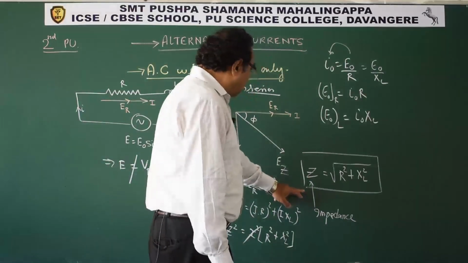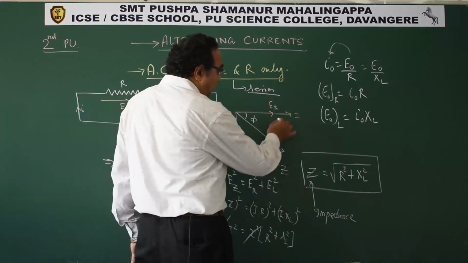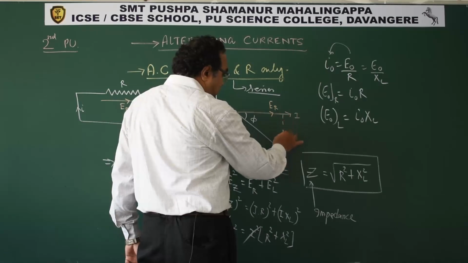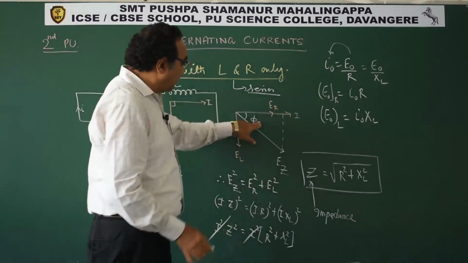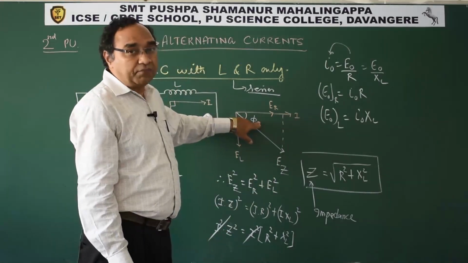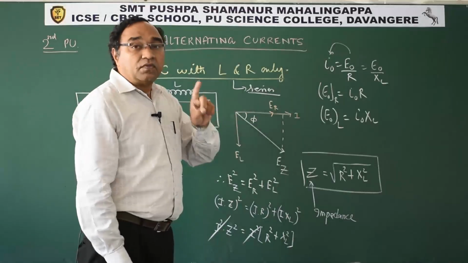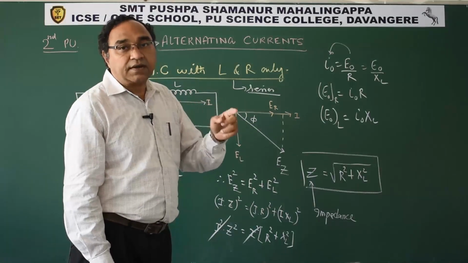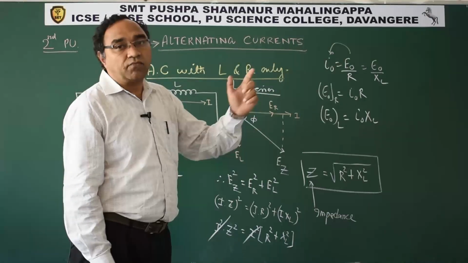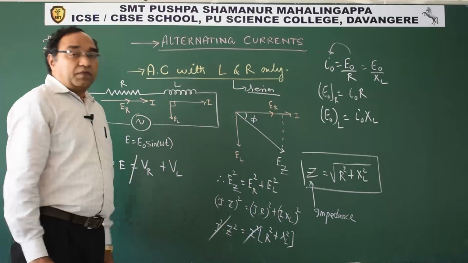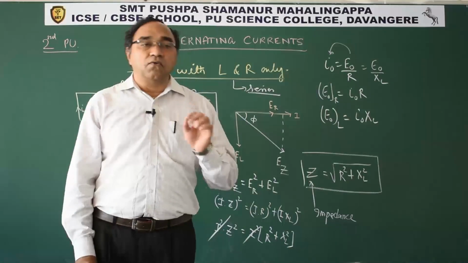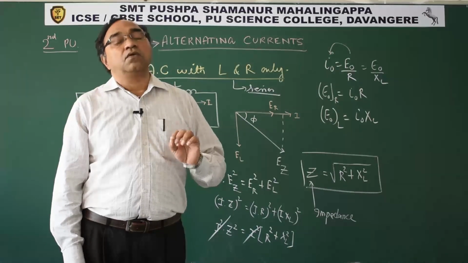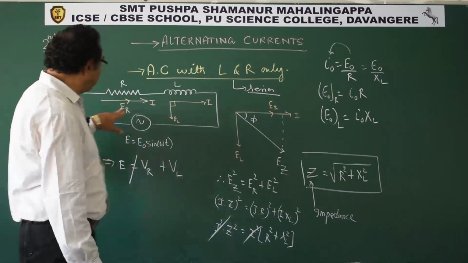Now, what is this angle phi? This angle phi is the phase lag between current and applied voltage. See, in case of R only circuit, what is the phase difference? We have seen here.